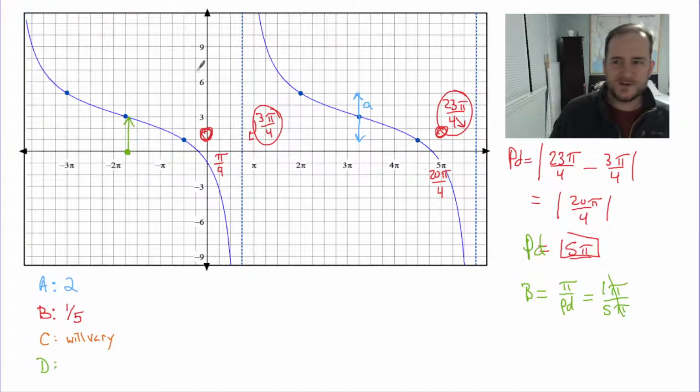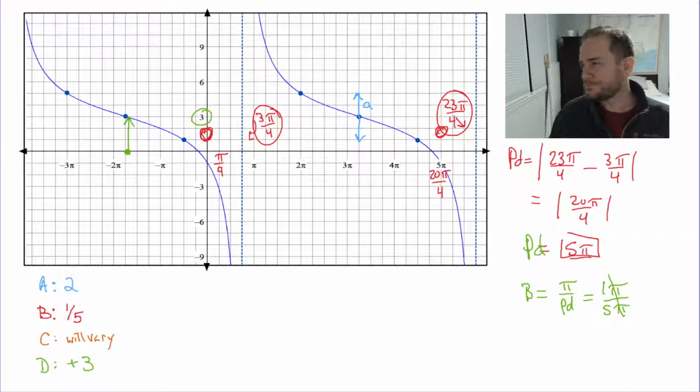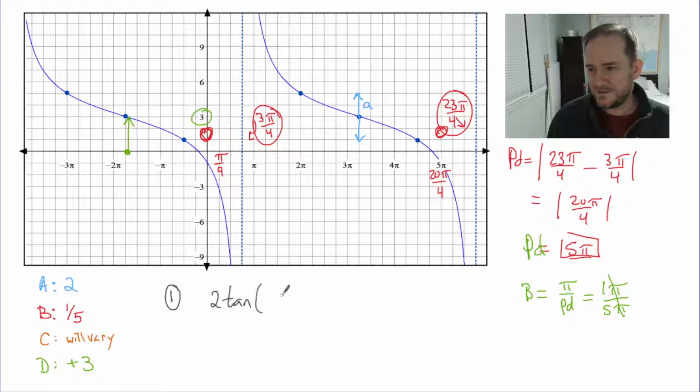It's how far we had to translate. And this one happens to be nice and plainly labeled for us. It's 3. Positive 3. So that means we can write our first equation as 2 times the tangent of 1/5 x plus or minus something plus 3.